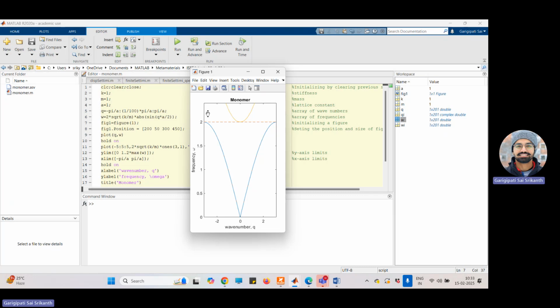We plotted frequency on the y-axis and wave number on the x-axis. This blue is the pass band, and this orange is the attenuation band.